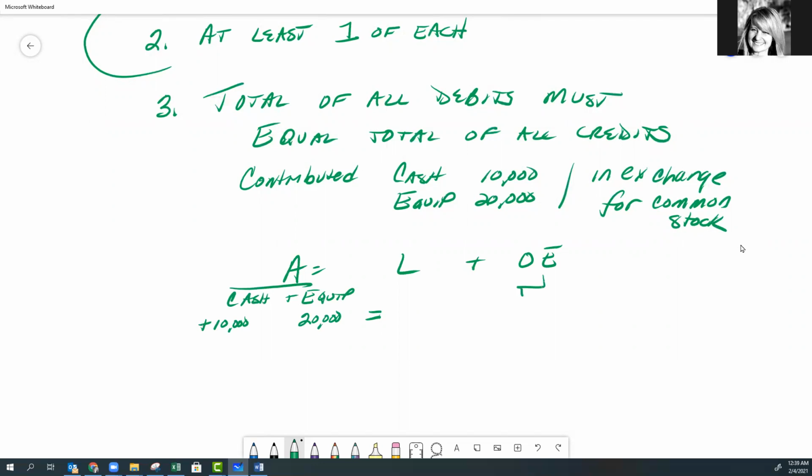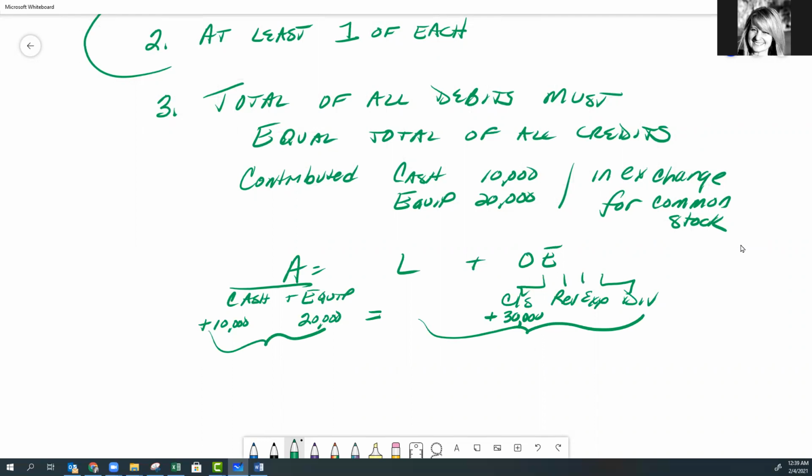And in our owner's equity, we have 4 items: our common stock, our revenue, our expense, and our dividends. Our common stock went up by a total of 30,000, and our accounting equation stayed in balance. 30,000 equals 30,000.